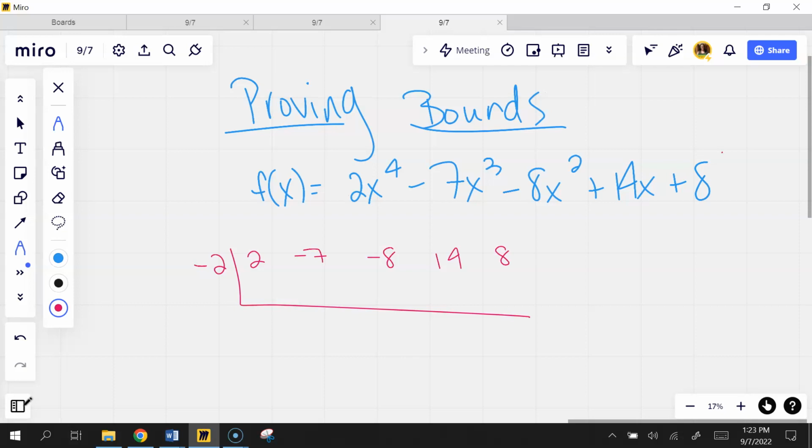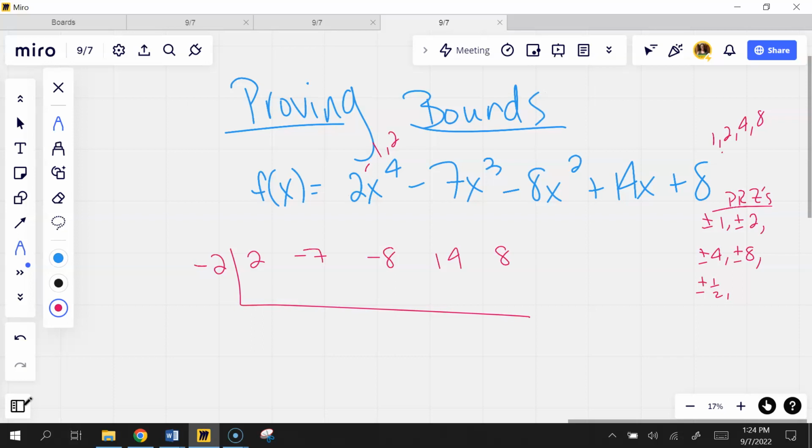The PRZs here: 1, 2, 4, 8, over 1 and 2. So PRZs would be 1, 2, 4, 8, 1/2, 2 divided by 2, 4 divided by 2, 8. So yes, you can. Those are the PRZs, so I'm just showing you that this is included in the PRZs here.